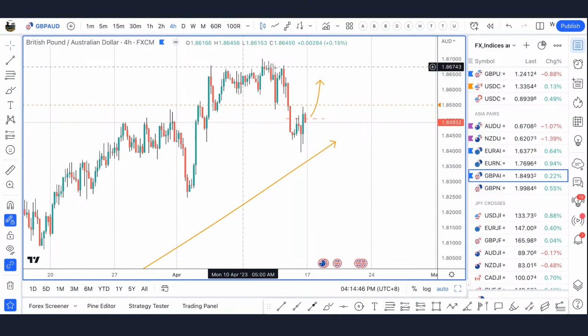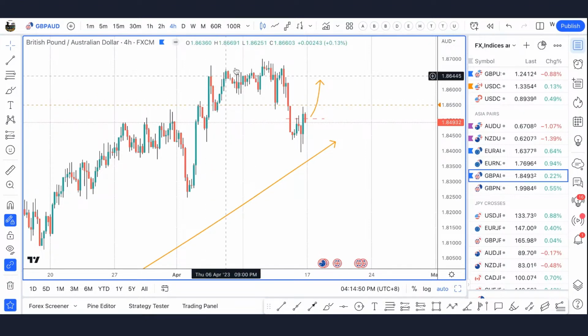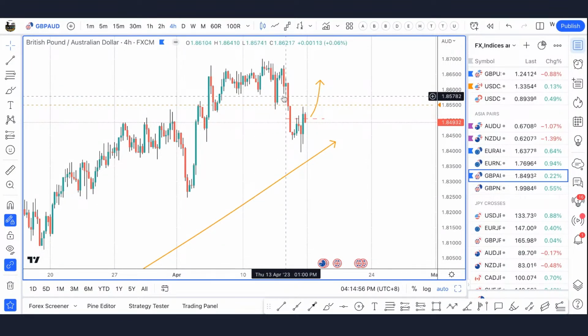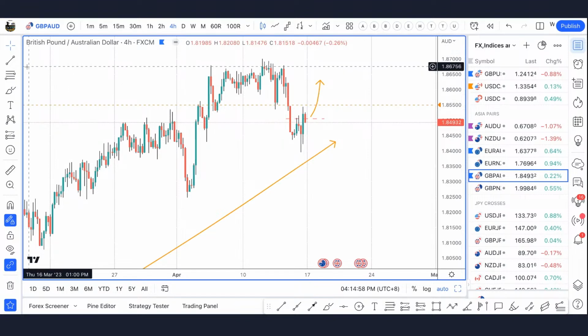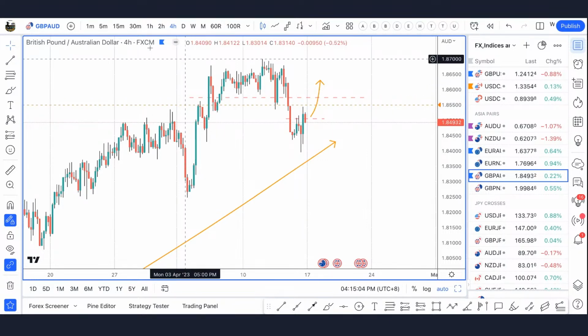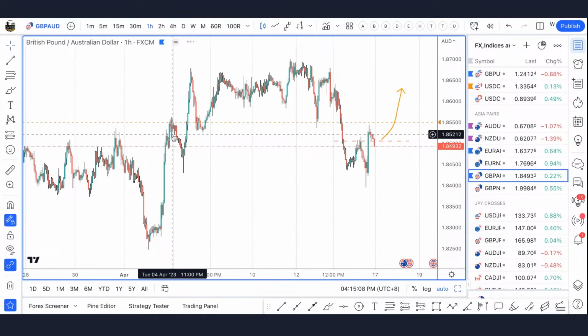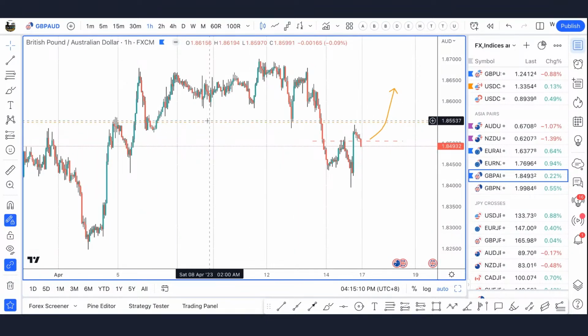In the event that this doesn't work out, then of course you need to take a look at how it reacts over here at this, what you call that, neckline area.